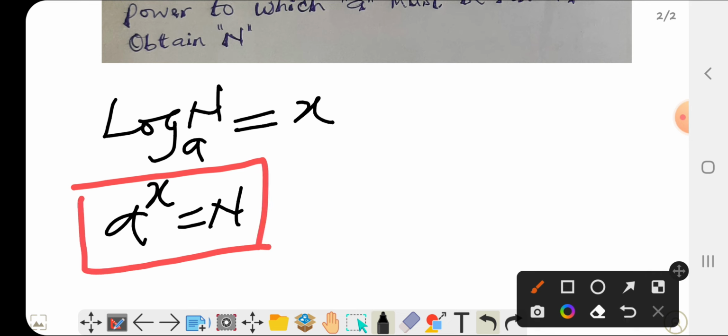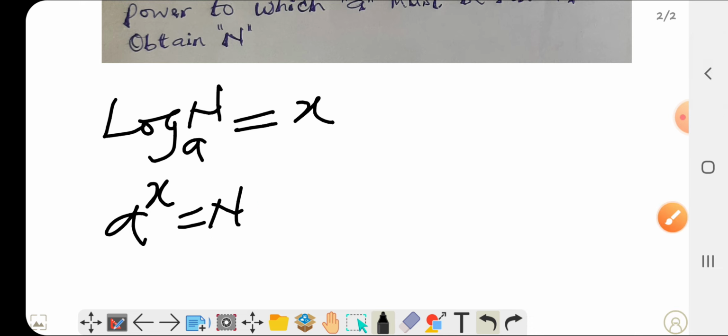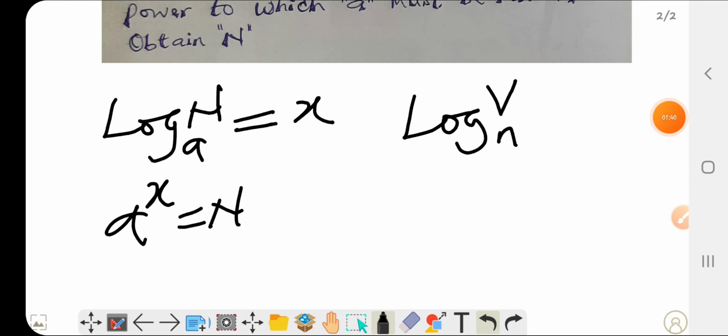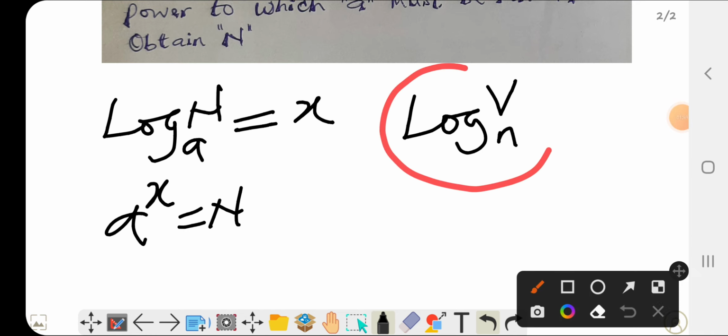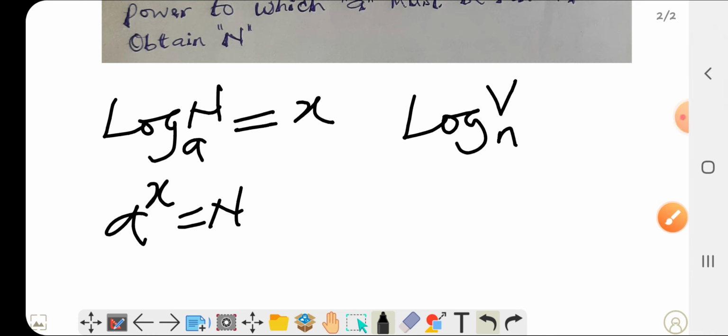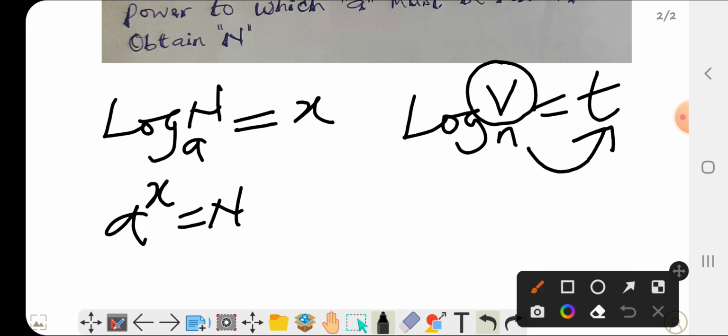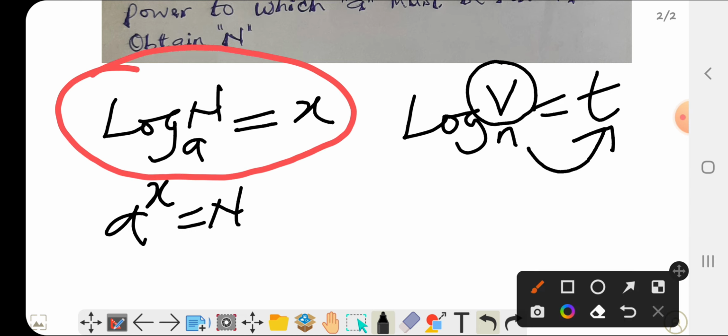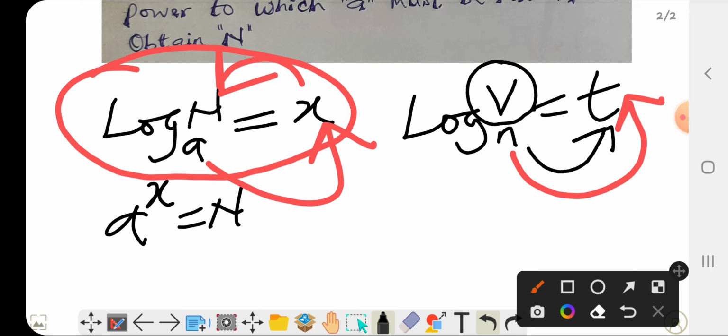So that means if they give you another logarithmic equation, let's say they wrote log v base n equals t, it actually means that n raised to power t must give you v, exactly what we did here. So here we wrote a raised to power x equals n, and here it's going to be the same thing: n raised to power t must give v.